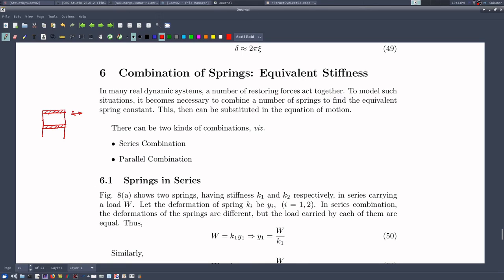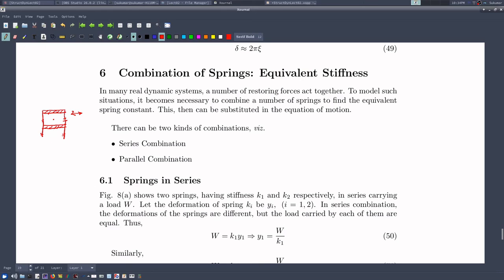And then this stiffness of these columns, I have to find out the equivalent stiffness of all the columns to find out the story stiffness in the second story. Similarly, the stiffnesses of all these columns will be used to find out the equivalent stiffness of the first story.